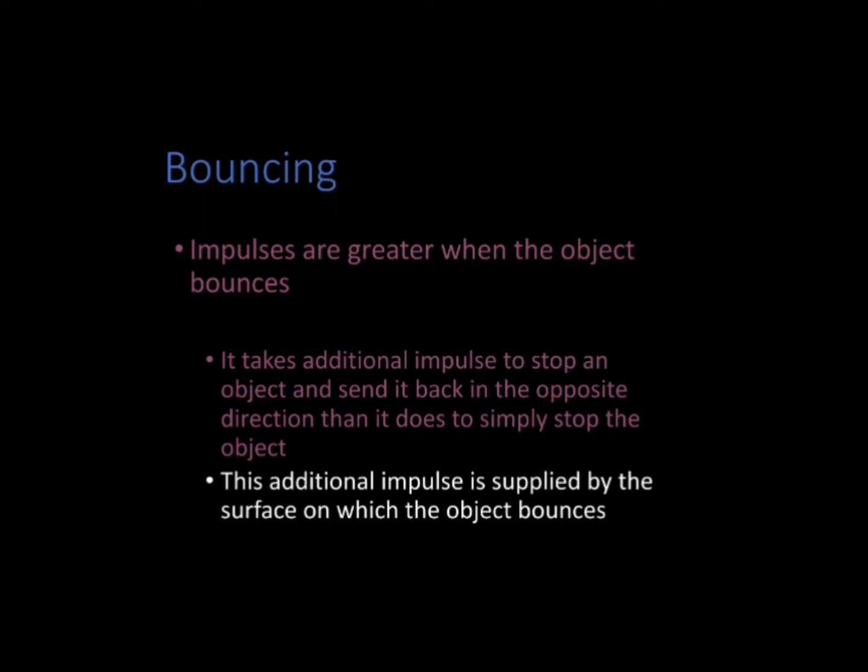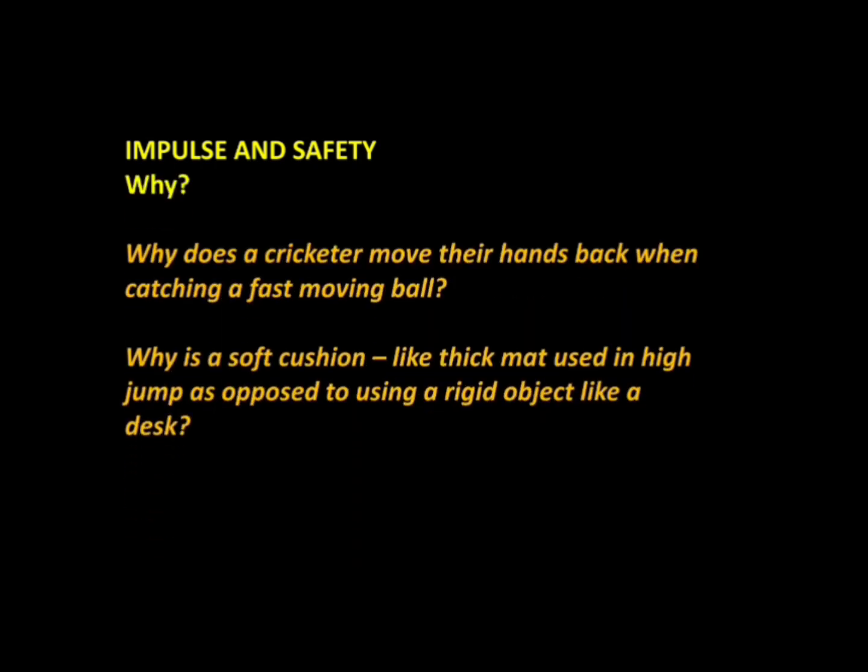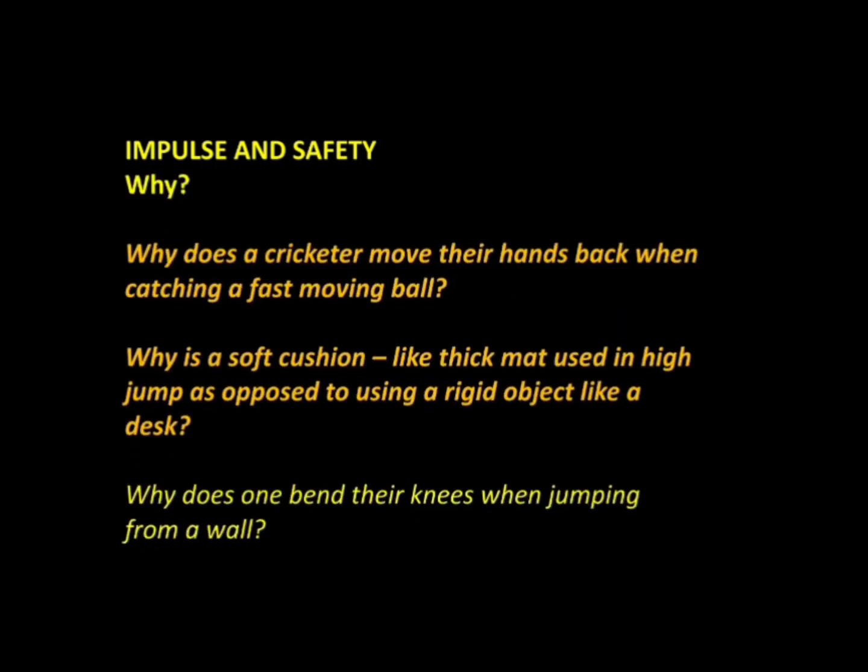So in the case of vehicles, we don't want vehicles to bounce off each other. In the case of catching a fast-moving ball as a cricketer, you don't want the ball to bounce off your hand, because that will mean that the risk of injury becomes greater. Why does a cricketer move their hands back when catching a fast-moving ball?